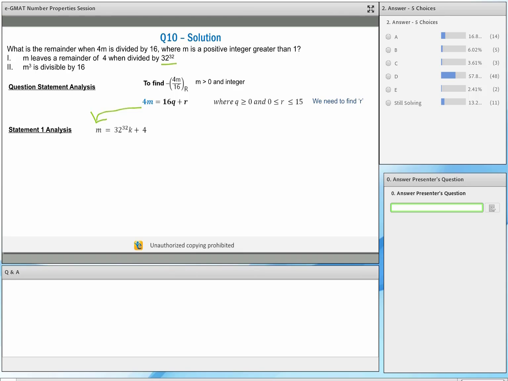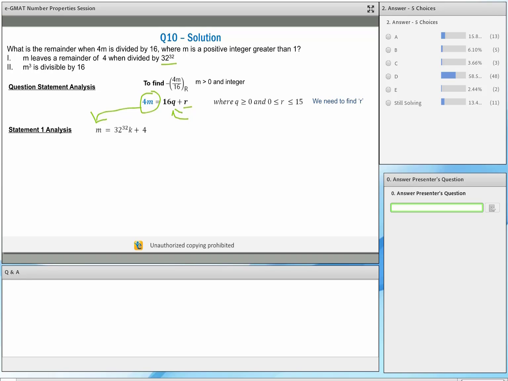What we need is 4m expressed in two parts: one part that is divisible by 16, the other part that is not divisible by 16. You keep that idea in mind and carry out your solution with that idea in mind.